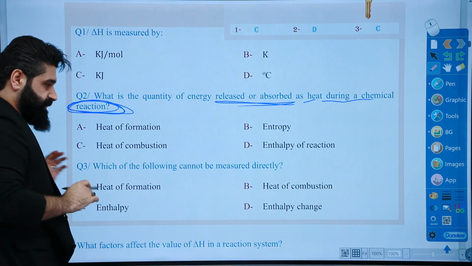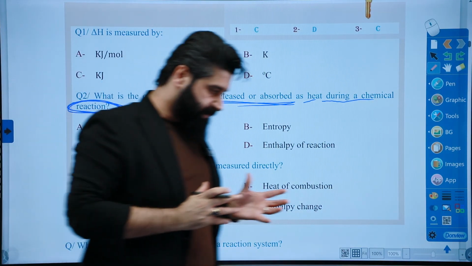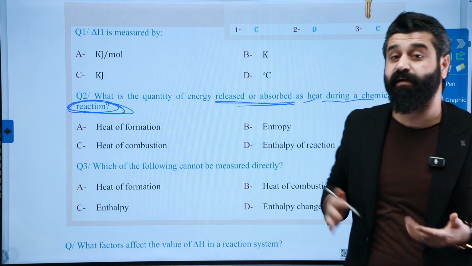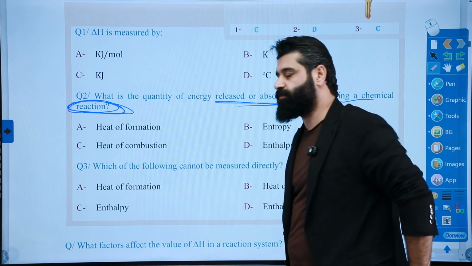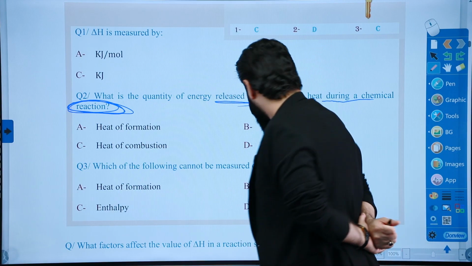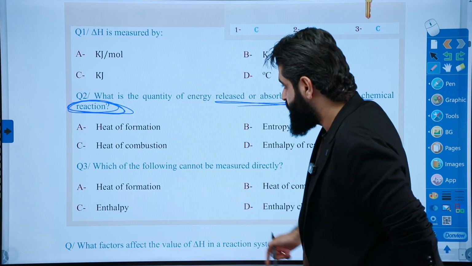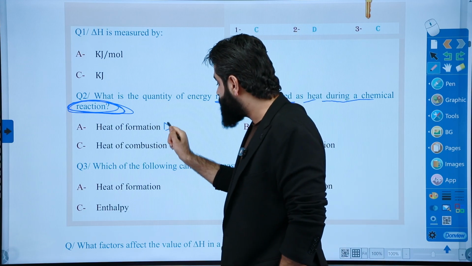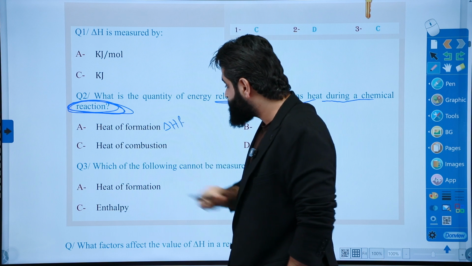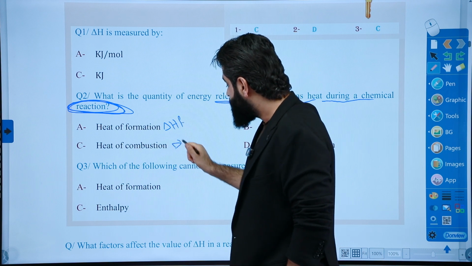If we have a chemical reaction, the amount of energy that is transferred must be enthalpy of reaction, which is symbolized by delta H, right? And look at this. Heat of formation, this is delta HF. Heat of combustion, delta HC.